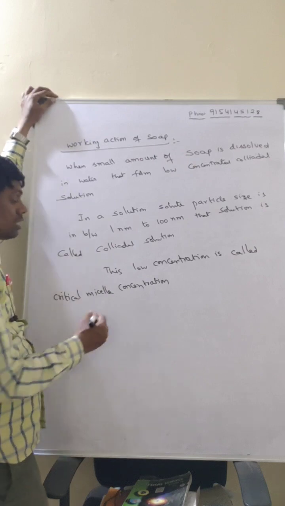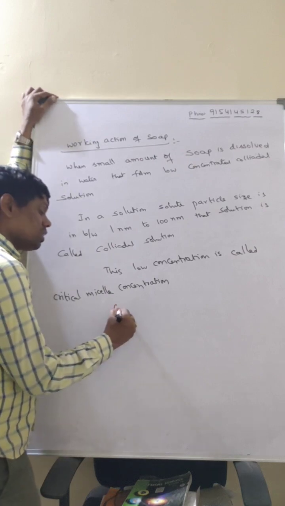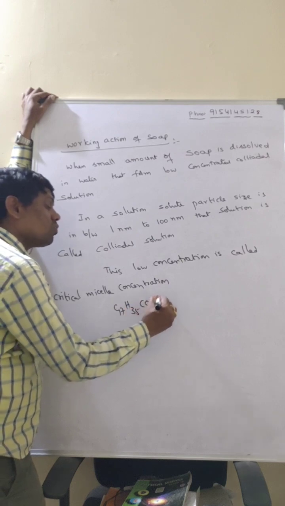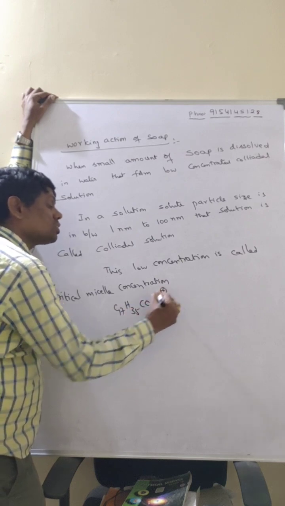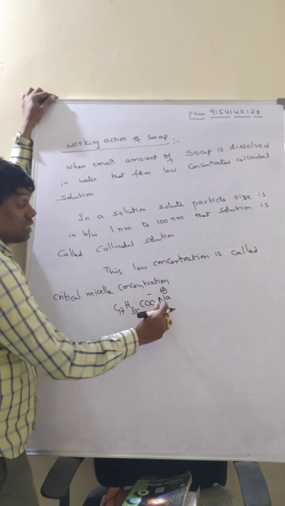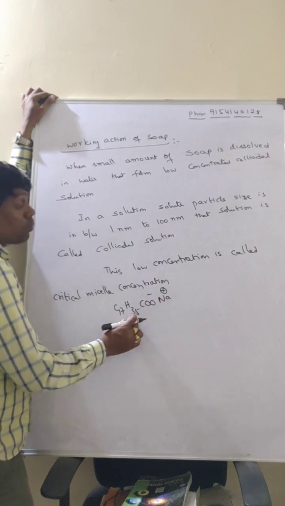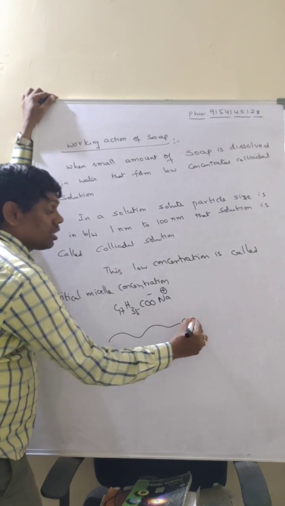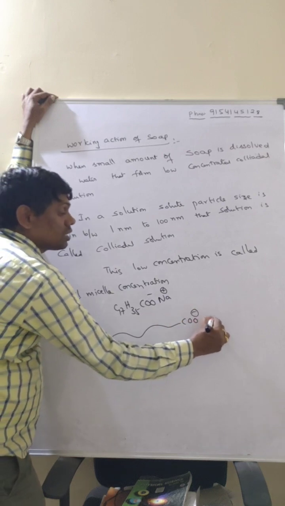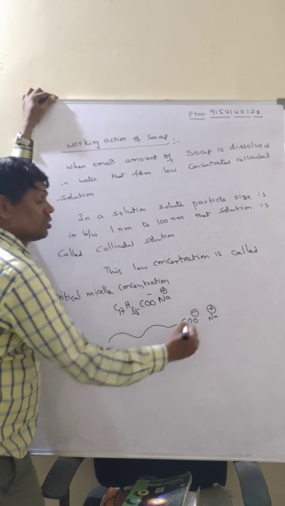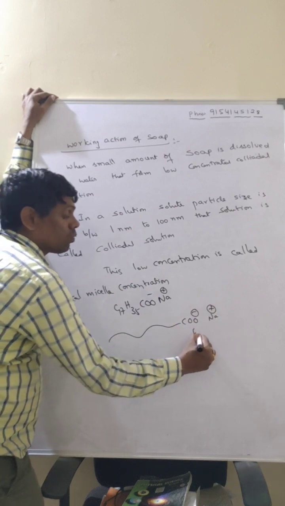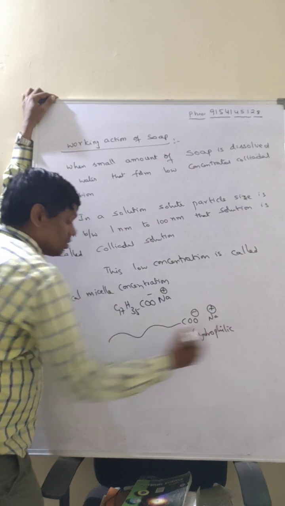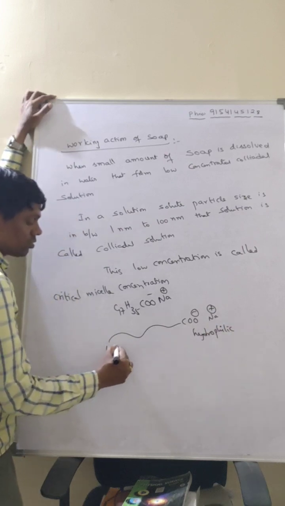See here, the soap molecule is C17H35COONa, that is C17H35COO minus Na plus. This is the non-polar end and this is the polar end. The polar end is called hydrophilic and the non-polar end is called hydrophobic.